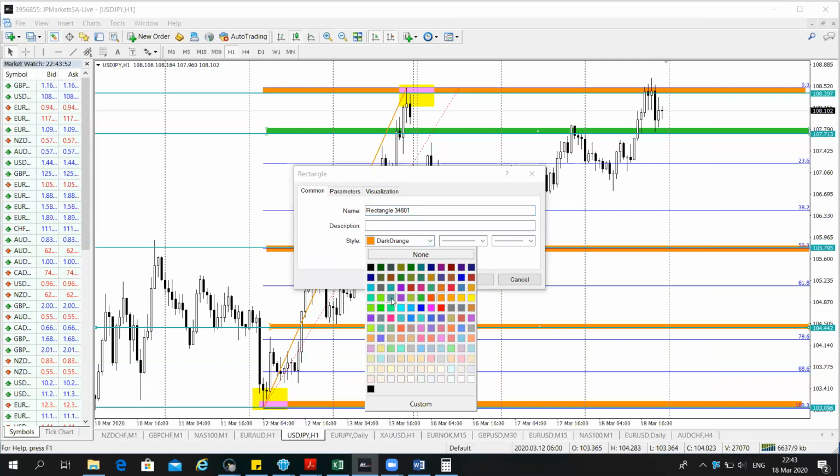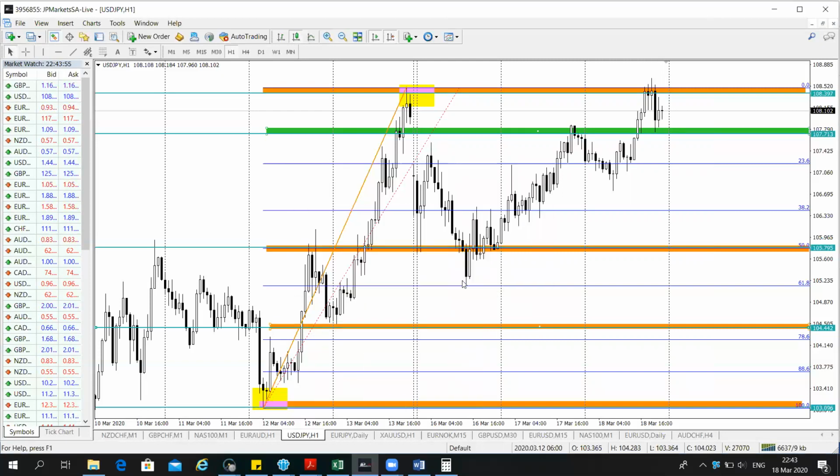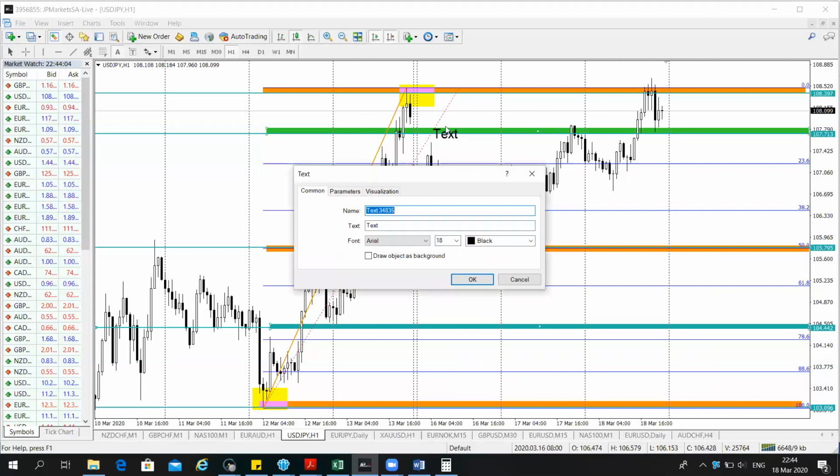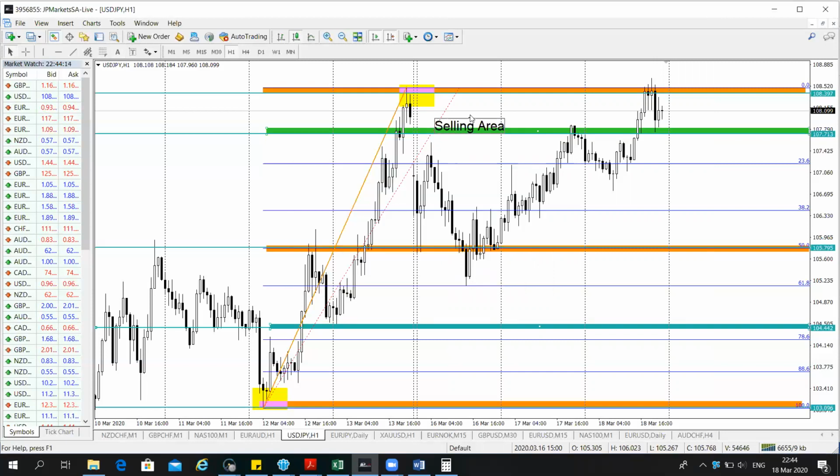It will make sense when you apply it and you see it working consistently, right? So what am I going to do? Any level around this area is my selling point. It's my selling area right here.